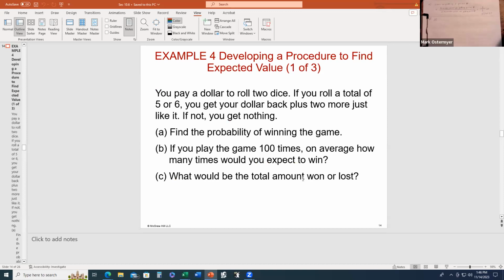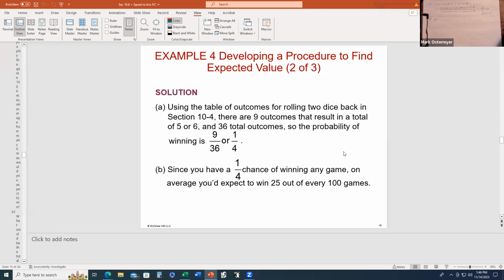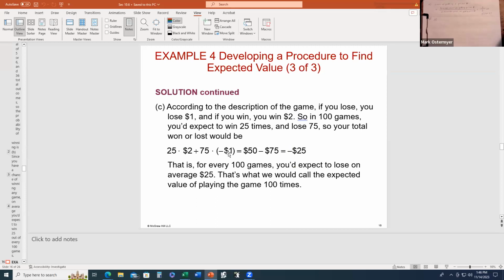What would be the total amount won or lost? Well, if we roll a sum of 5 or a 6, ladies and gentlemen, we win $2. Do you agree? But if we don't roll a sum of 5 or a 6, we lose $1 because we got to pay $1 to play the game, correct? So we can compute what's called an expected value or expected earnings of playing this game over many, many, many times.